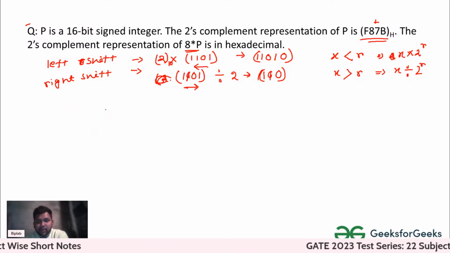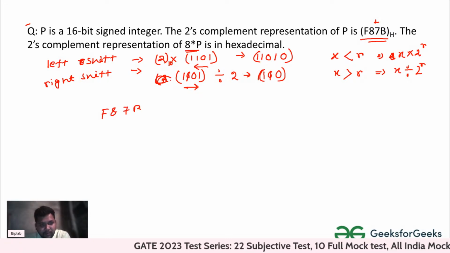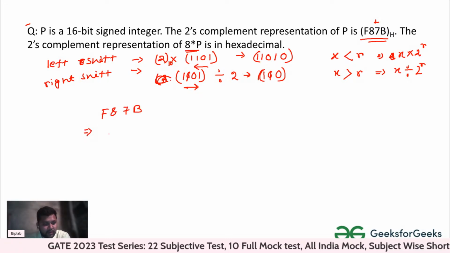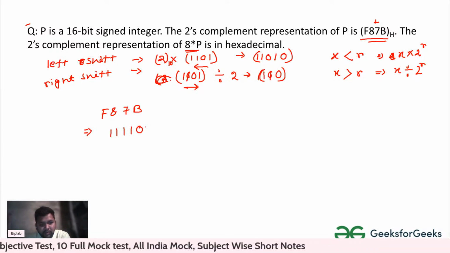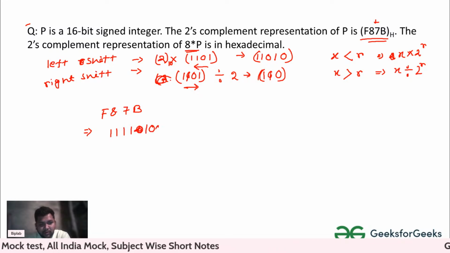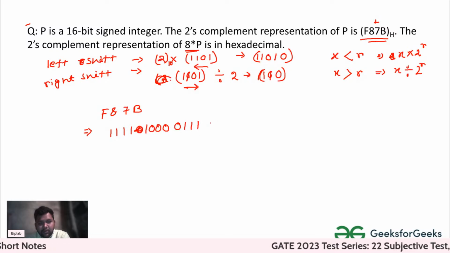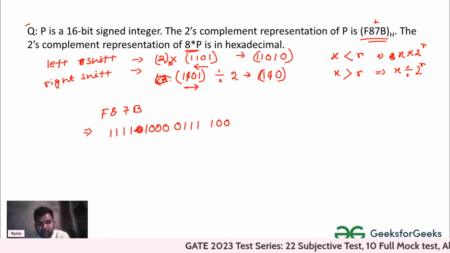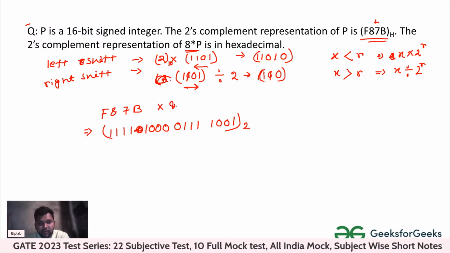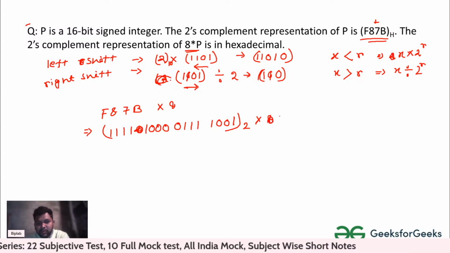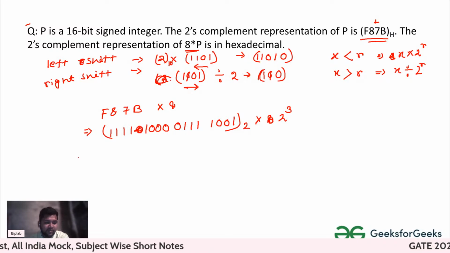The same way, let's now do it quickly. Convert 7b into binary: for 7 it is 0111, for b it is 1011. This is the number, and you have to multiply it by 8, which equals 2 cubed, so you have to do a 3-bit left shift operation.